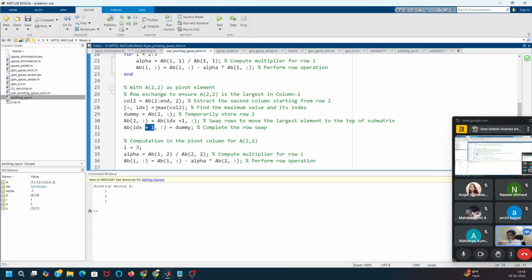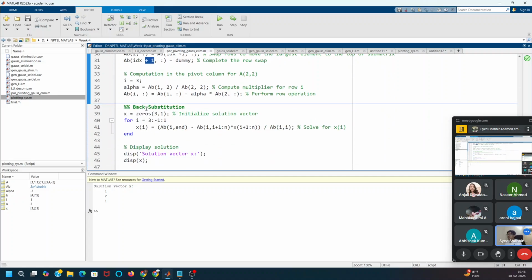And if the second row is swapped, then you go for the third row. You go for the third column, and in that you again ignore the first and second rows, and you see from the third row to, let's say, the nth row, and whatever has the maximum pivot value will be exchanged. So this will go on.